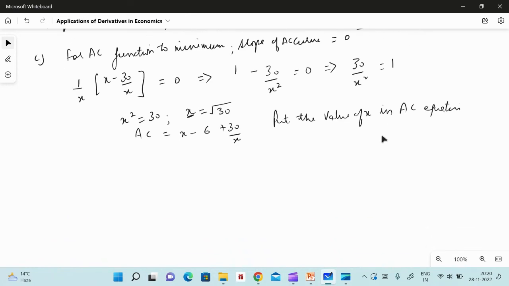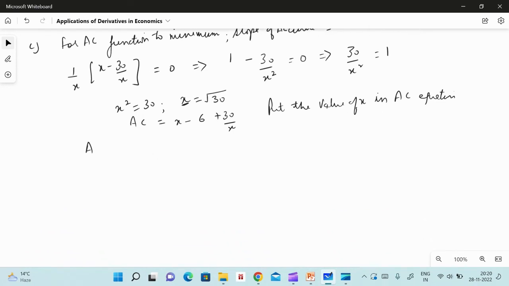What I will get is, with x equal to root of 30, average cost is equal to root of 30 minus 6 plus 30 upon root of 30. If I solve it further, we will multiply and divide this term with root 30, which gives me 1, so there is no change in any value.